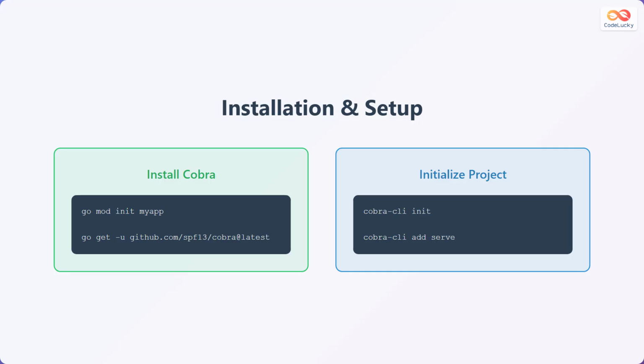After installation, Cobra provides a convenient command line tool called Cobra-CLI that helps you scaffold your project structure. You can use cobra-cli init to create the basic project structure, and cobra-cli add followed by a command name to generate new commands. This tooling makes it incredibly easy to get up and running with a well-structured Cobra application.